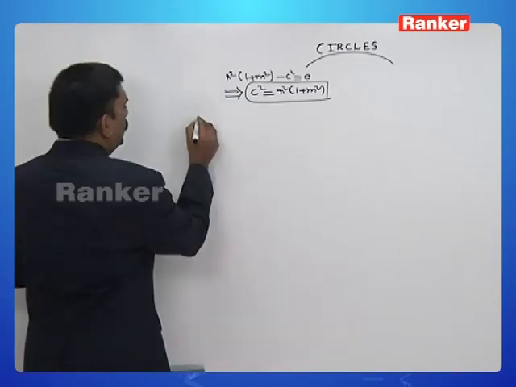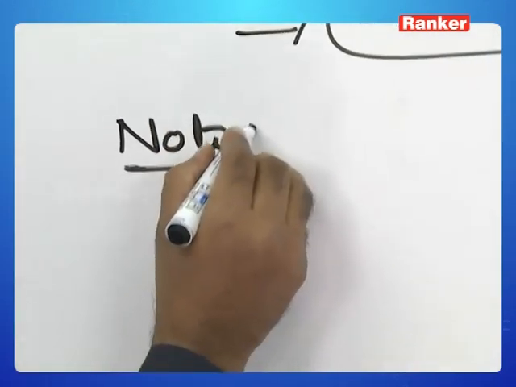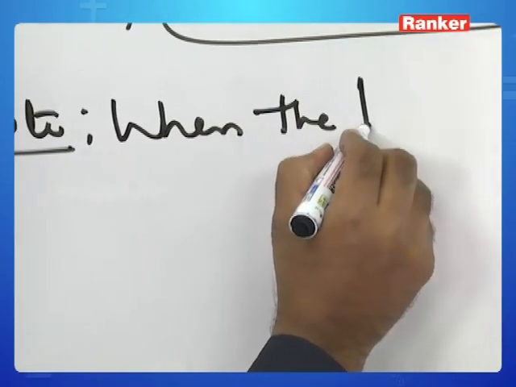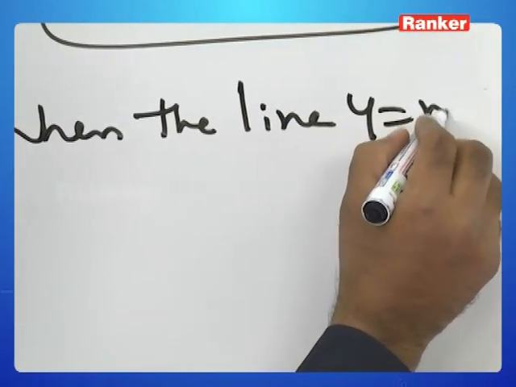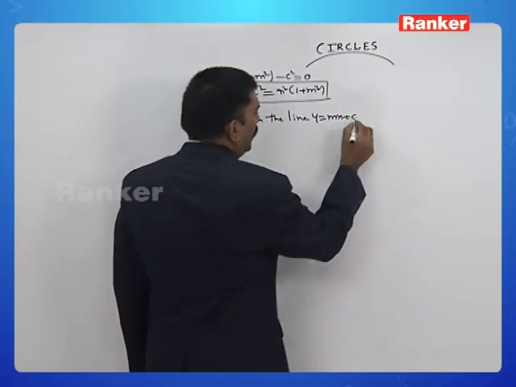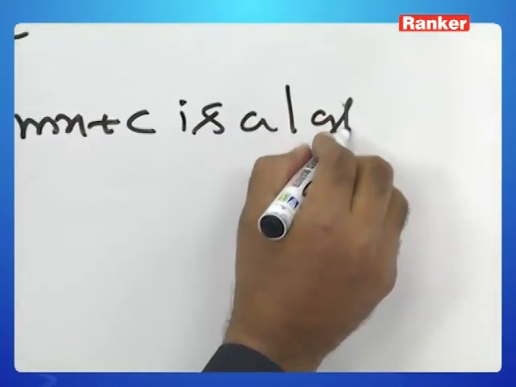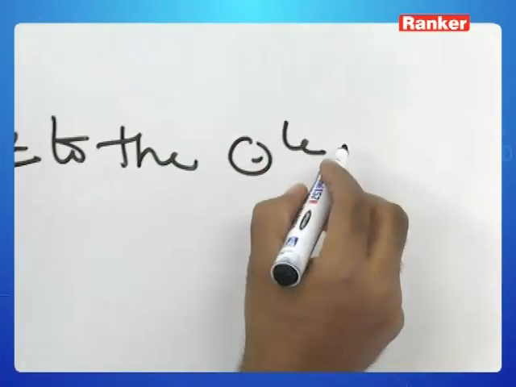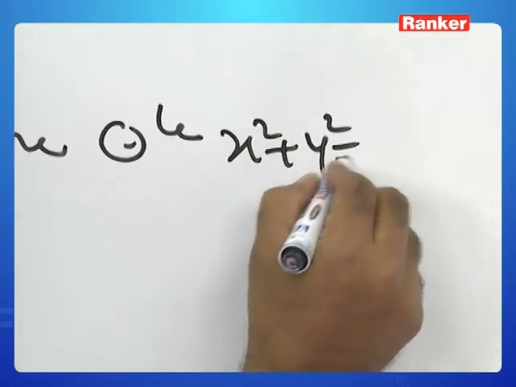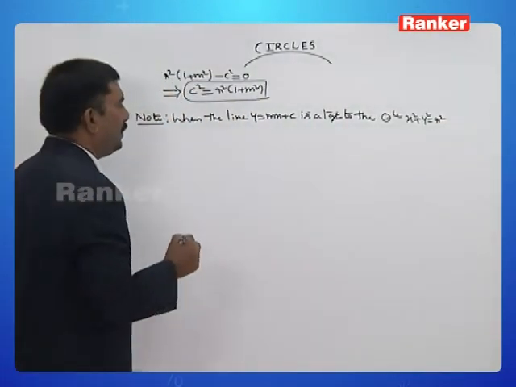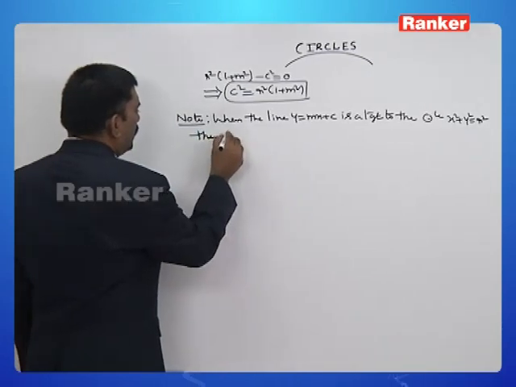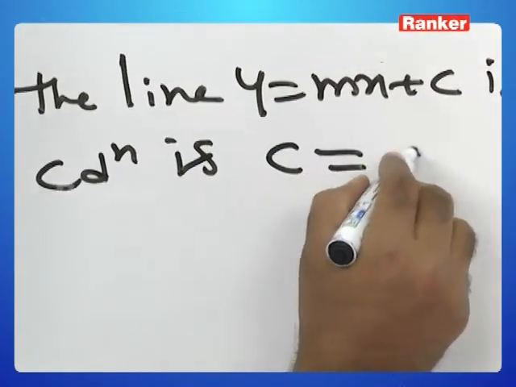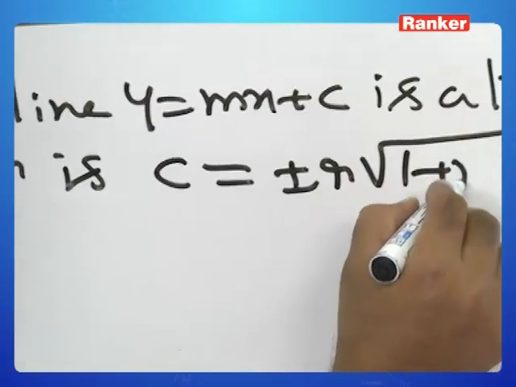Okay, then I can take this as a note. When the line y is equal to mx plus c is a tangent to the circle x square plus y square is equal to r square, then the condition is c is equal to plus or minus r into square root of 1 plus m square.